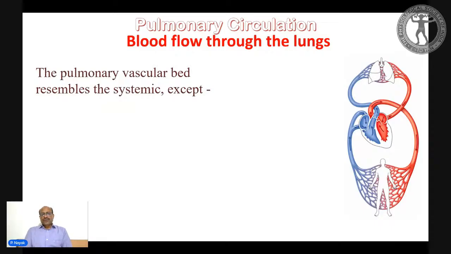The blood flow through the lungs. It is a pulmonary vascular bed, as we know, and it resembles the systemic circulation. As we have already learned, the deoxygenated blood comes back to the right atrium, and from the right atrium it goes to the right ventricle.